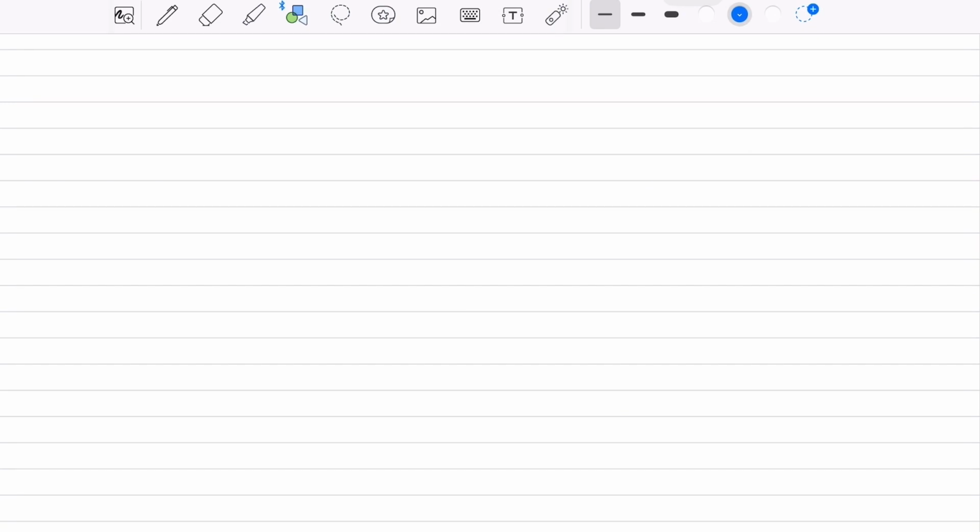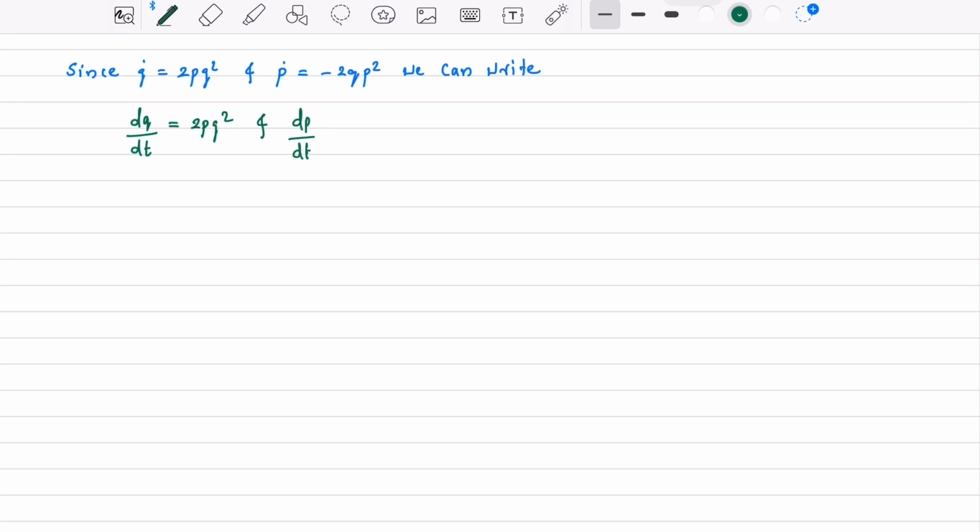Now, since q dot is equal to 2p q squared and p dot is equal to minus 2q p squared, we can write dq by dt, q dot is nothing but dq by dt, equal to 2p q squared, and dp by dt is equal to minus 2q p squared.